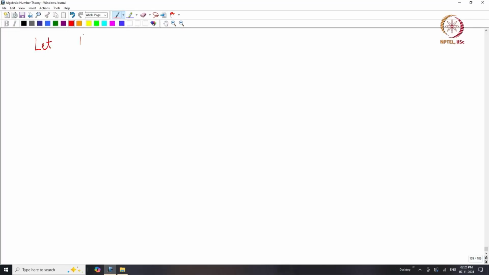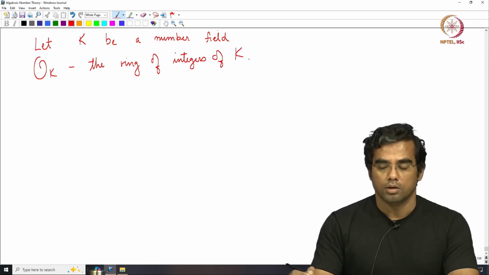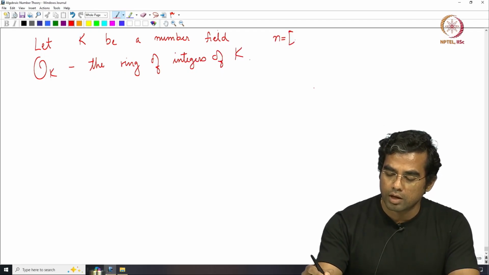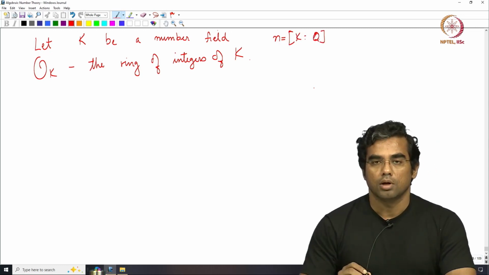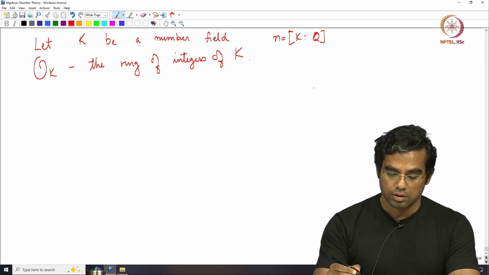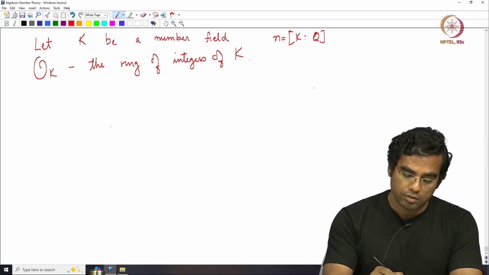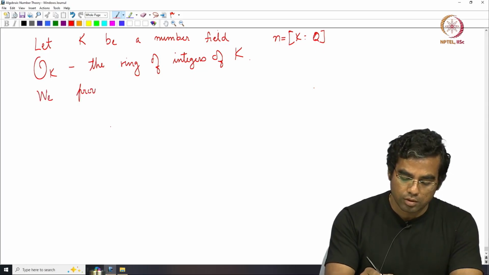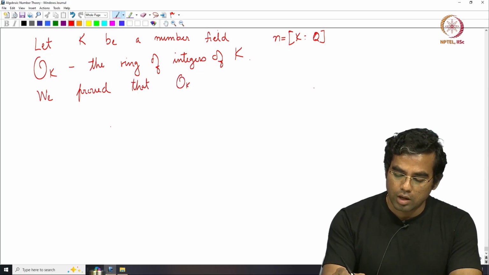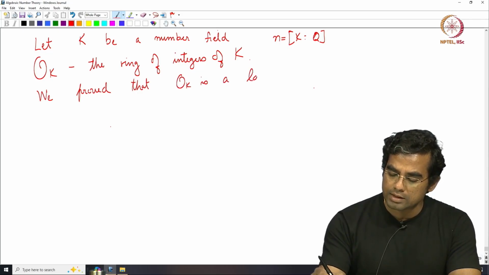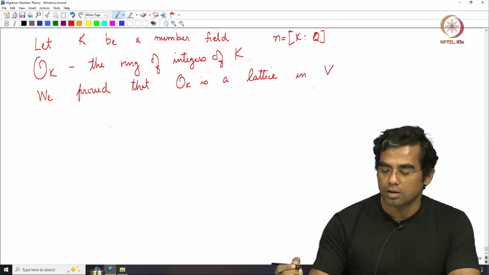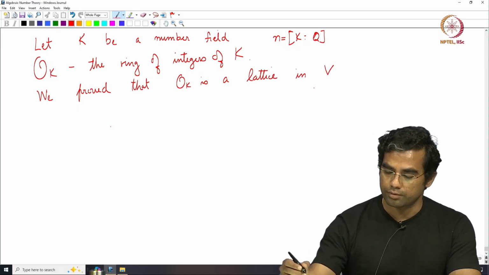So, let K be a number field, and by OK we denote the ring of integers of K. Okay, and we denote by n the degree of K over Q. This will more or less be fixed throughout this talk, and we proved earlier that OK is a lattice in a particular vector space, which I am not going to recall from earlier.